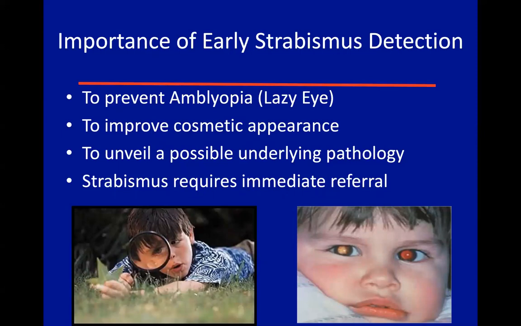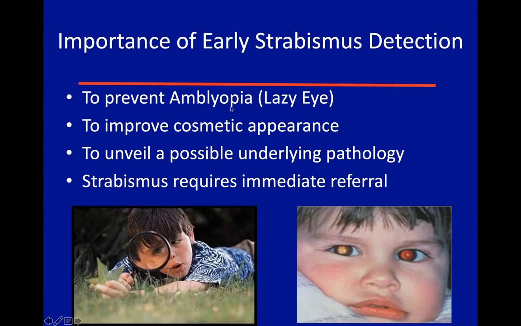Usually, I like to see the patients between 2 to 4 years of age. Once a patient develops strabismus and unfortunately did not get treated in childhood, they cannot be treated in adulthood. They develop something which we refer to, and I placed it here, amblyopia.